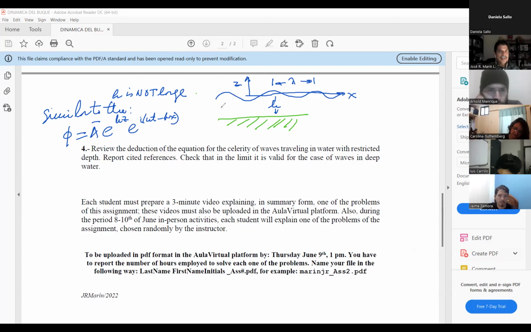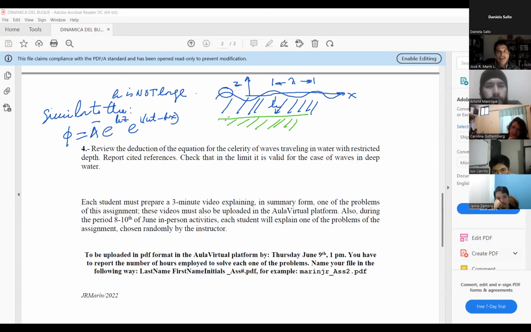When you get this, that's going to be satisfied in the domain. Again, to satisfy the boundary condition on the free surface, you have to develop a new dispersion relation.